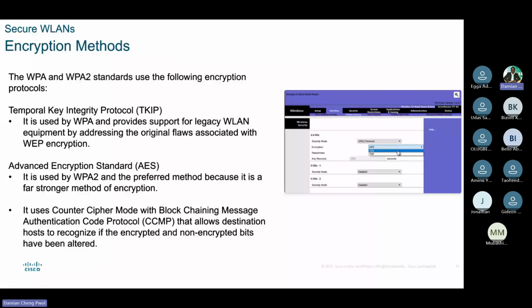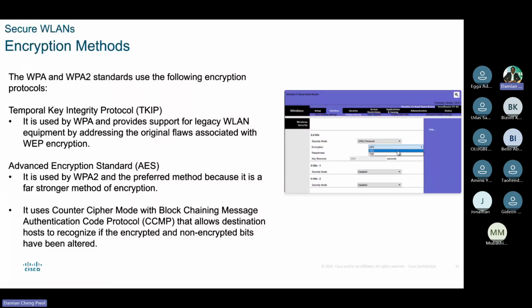So, encryption methods. The WPA and WPA2 standards use the following encryption protocols. First, the Temporal Key Integrity Protocol, TKIP. It is used by WPA and provides support for legacy wireless LAN equipment by addressing the original flaws associated with WEP encryption. But the one that is better is the Advanced Encryption Standard, AES.